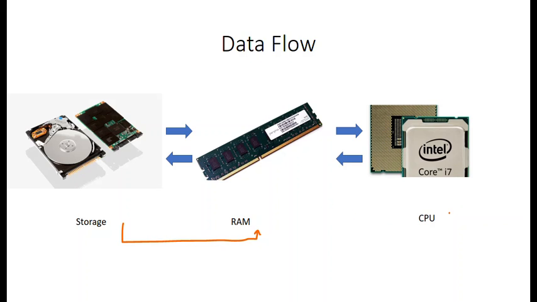Now, depending on the tasks that we conduct on the sheet, certain pieces of data will go to the CPU, and the CPU will perform calculations on these data, right? Once done, that data will travel back to RAM and get displayed to the end user.